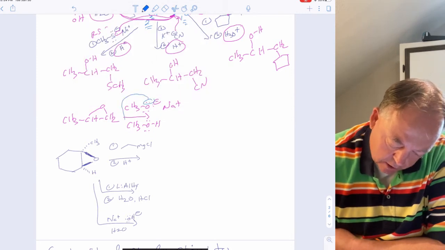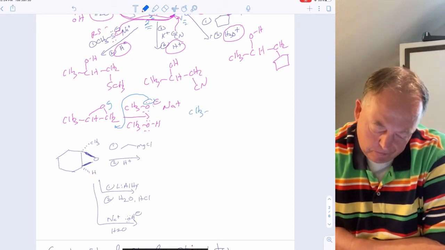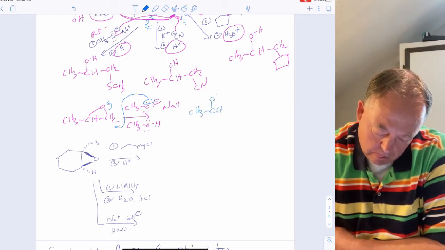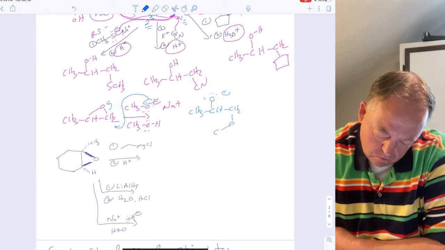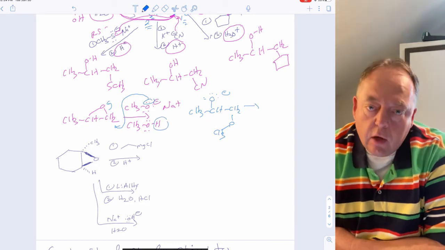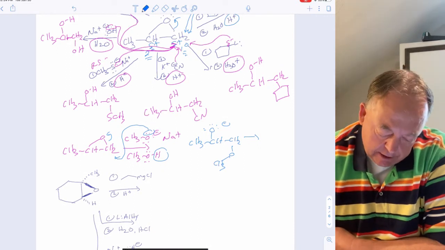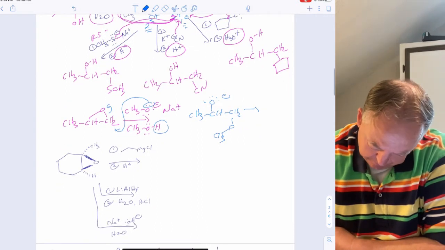So take a lone pair on oxygen, make a bond to carbon, open the epoxide up. And then the O minus picks up a proton from the solvent. So in the previous example, it picked it up from water. In this case, it picks it up from the alcohol.